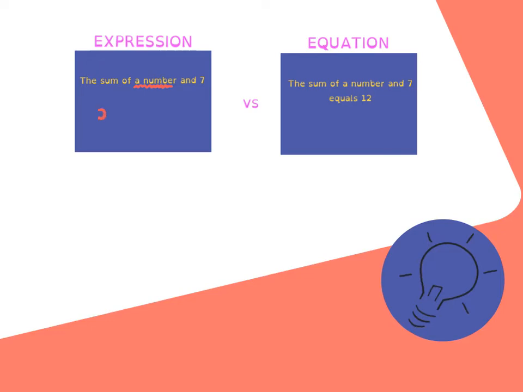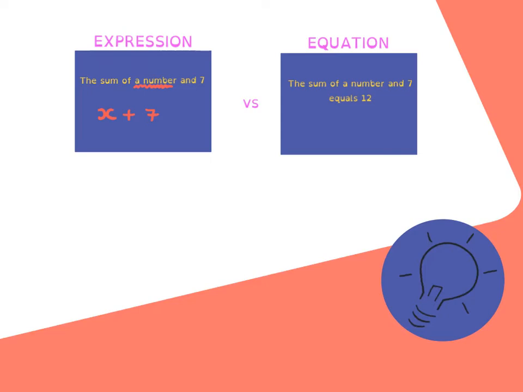We usually associate the letter x to this unknown. It can be any letter, but generally we use an x. So the sum of a number, I'm adding 7 to this unknown number. That would be an expression, and we can't simplify further. There are no like terms, so that is where I would stop.